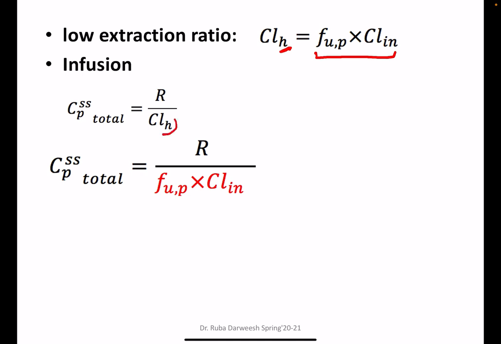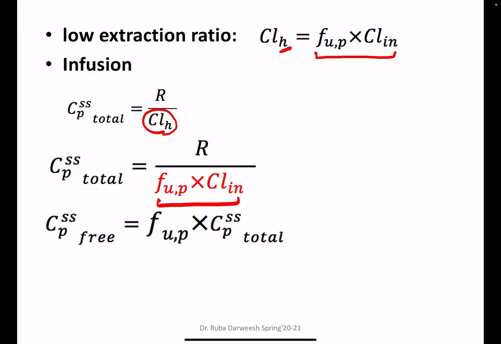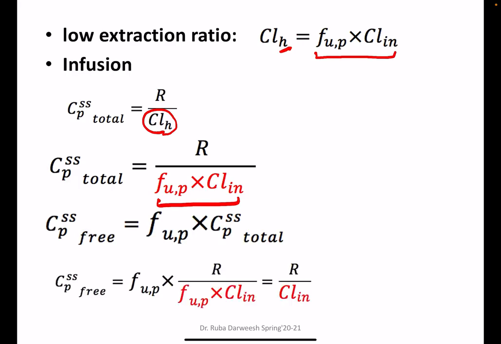And again, we just substitute hepatic clearance with the intrinsic clearance because it's a low extraction ratio drug. For the free drug, we multiply by the fraction free, and then we have this.